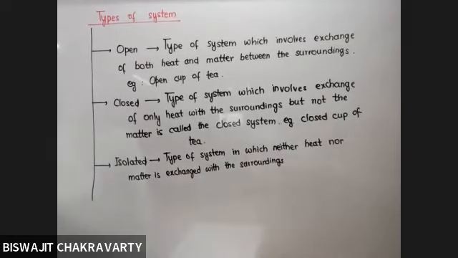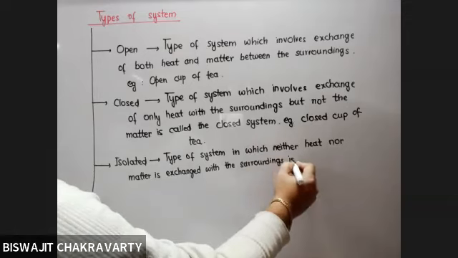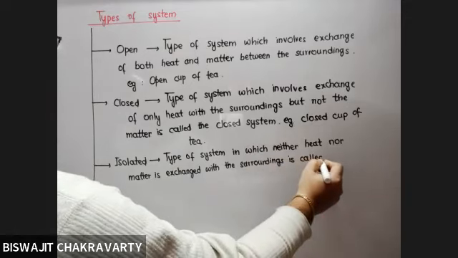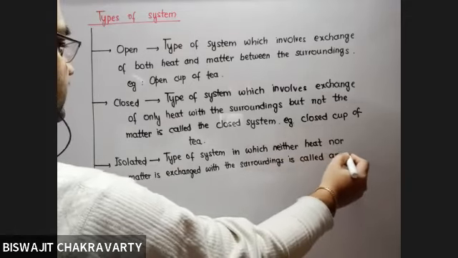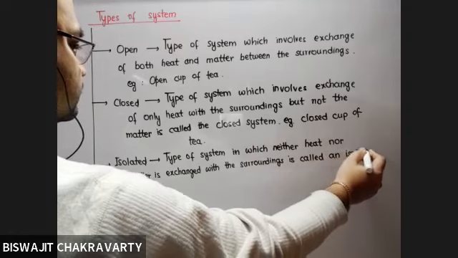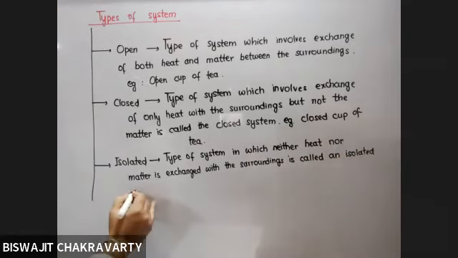Neither heat nor matter is exchanged with the surroundings is called an isolated system. So, what will be the example for an isolated system where neither heat nor matter will be exchanged?